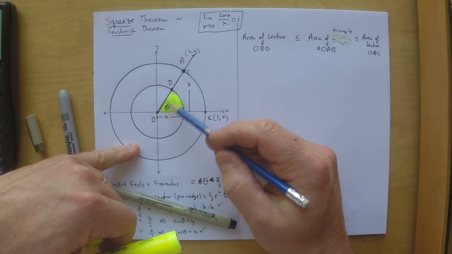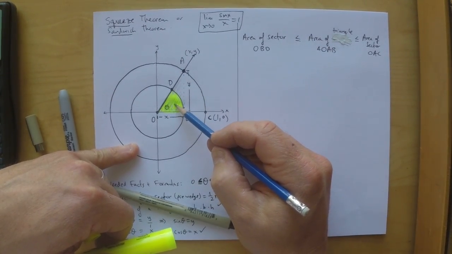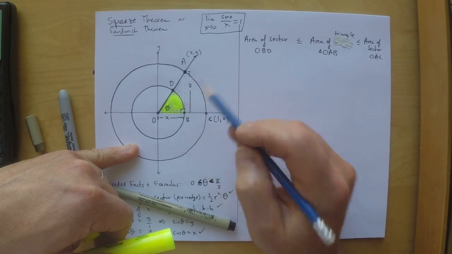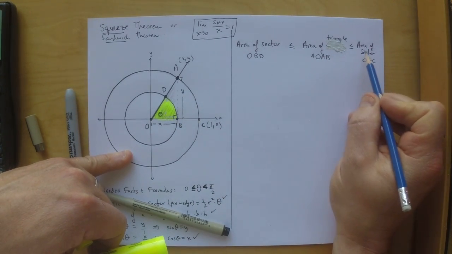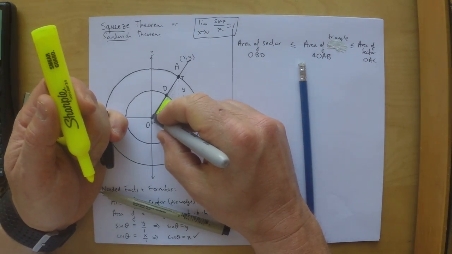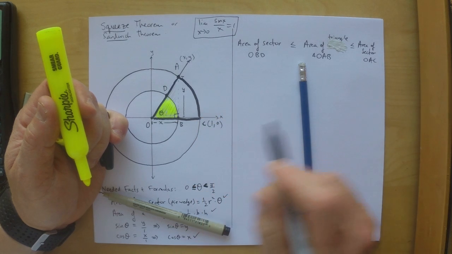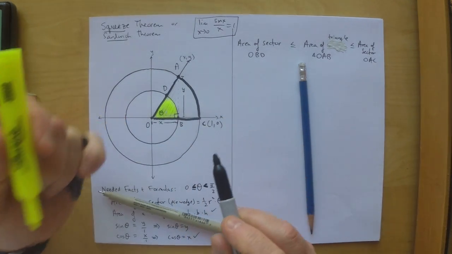So the triangle would be in here. And I think we can see that. This wedge is definitely smaller than that wedge, which in turn is smaller than the big sector of this entire wedge shape here, sector OAC.